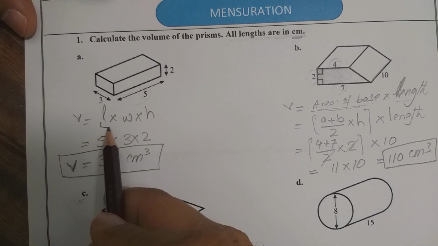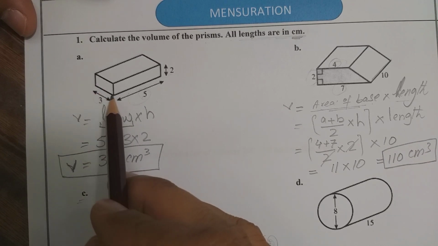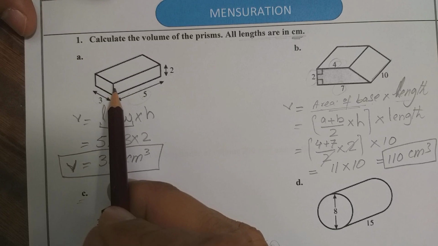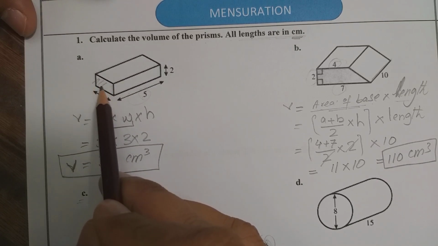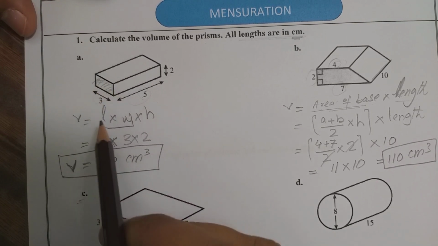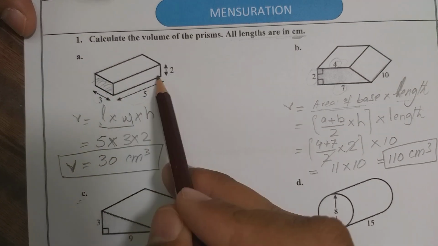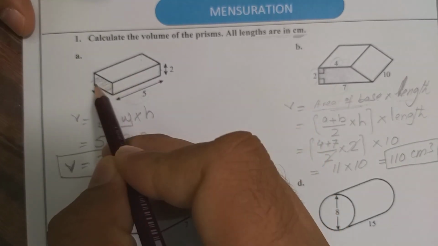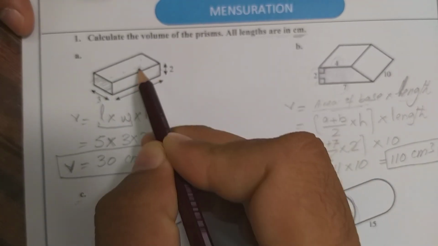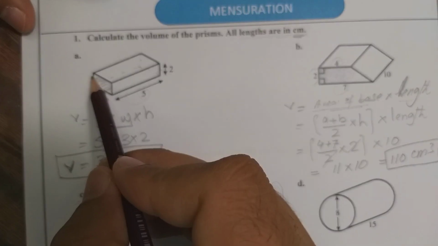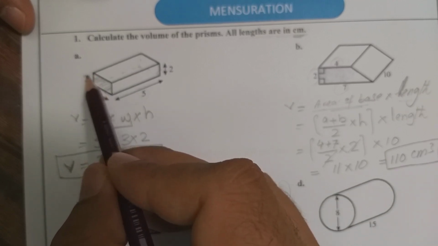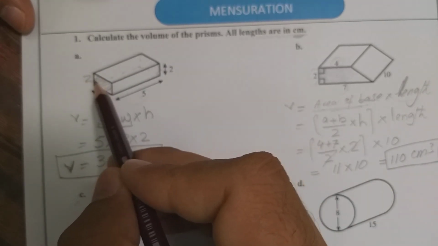And here, this is also an area of base. For example, this is the length and this is the width, and this is the area of base times the length. The length of this is also 2, since all the corners are the same. So multiply length and width, and you find this area.